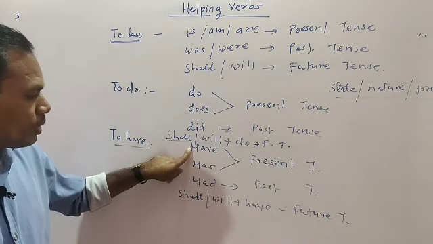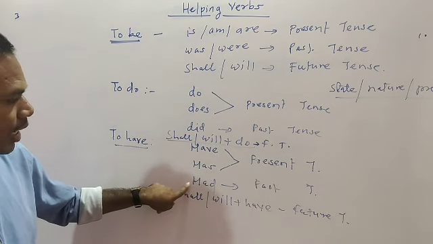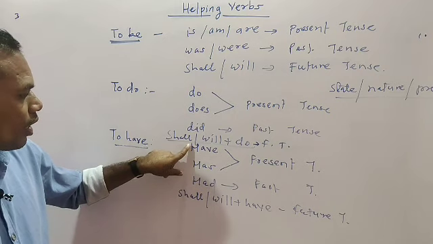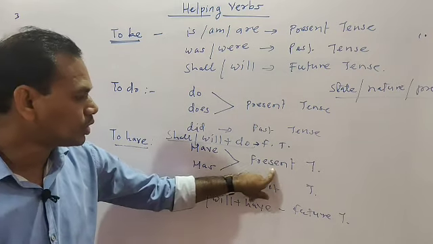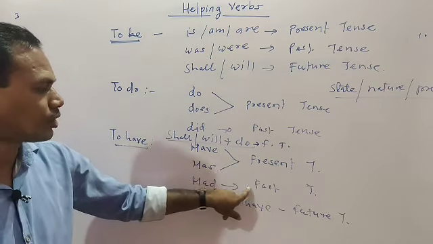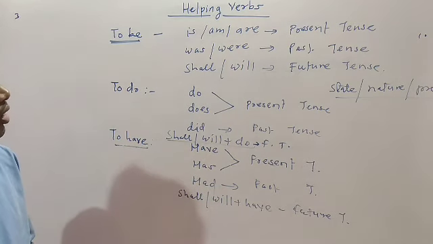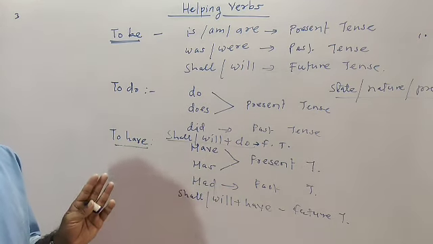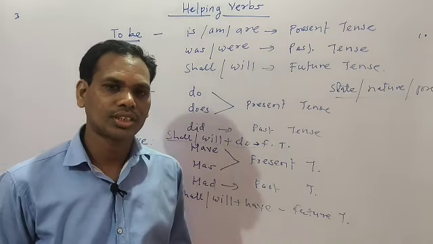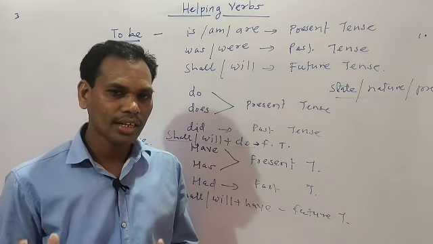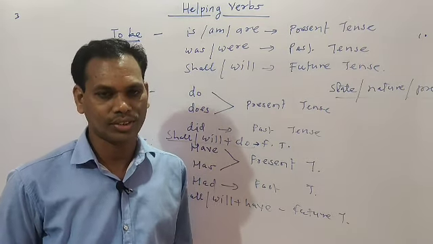Okay. Similarly, have, has and had: have and has are used in present tense, had is used in past tense. Now this is a portion which we have studied in the very early classes when we were in school, right?